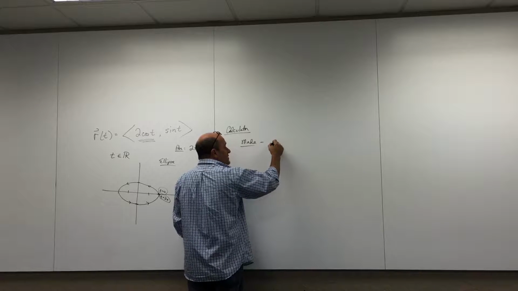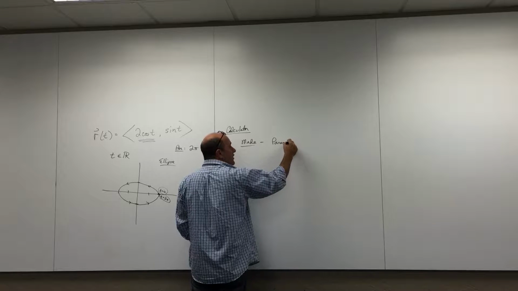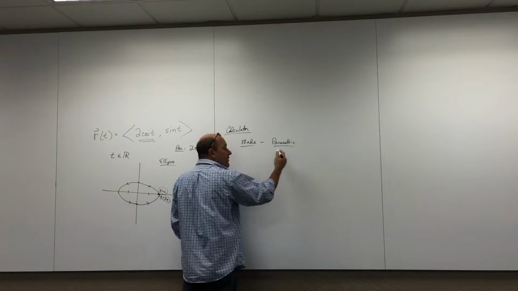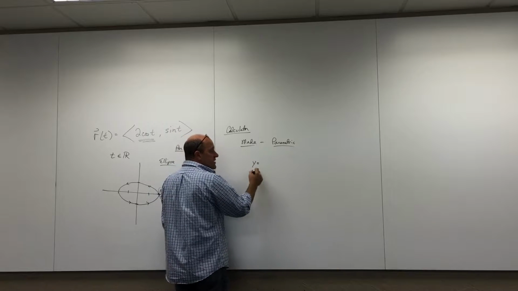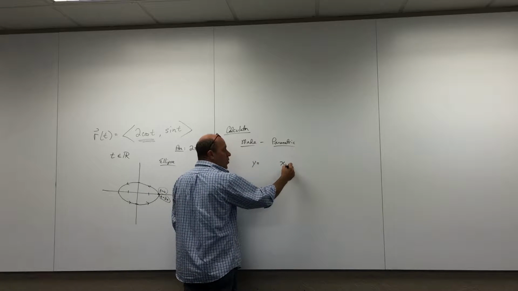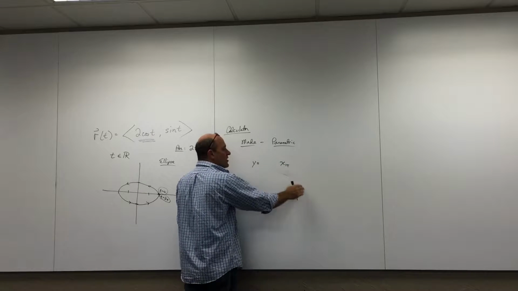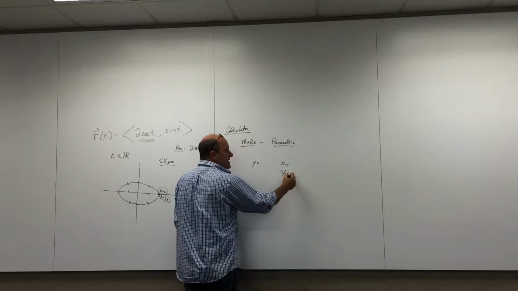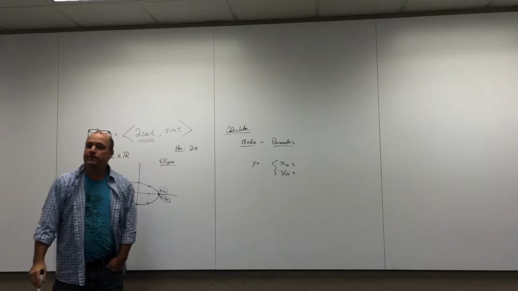You've always probably been in function mode, but you can get yourself into parametric mode. And once you're in parametric mode, when you type y equals, you see x1 of t and y1 of t, and you can type in these parametric equations.